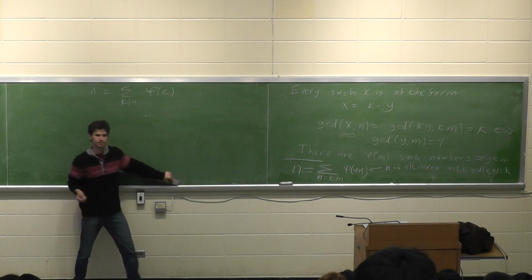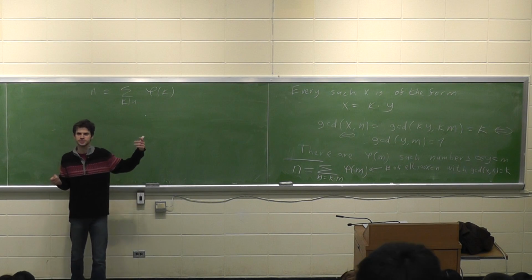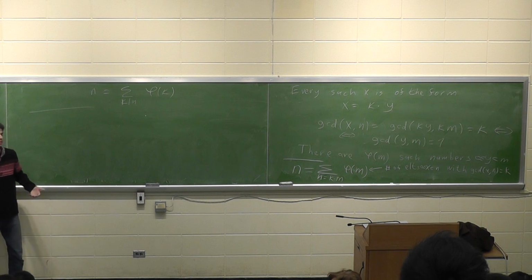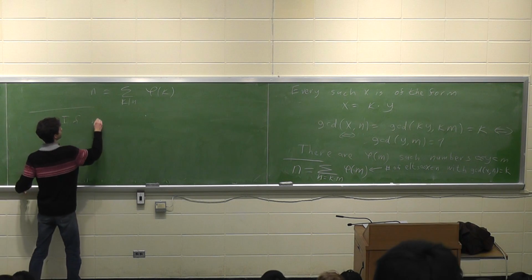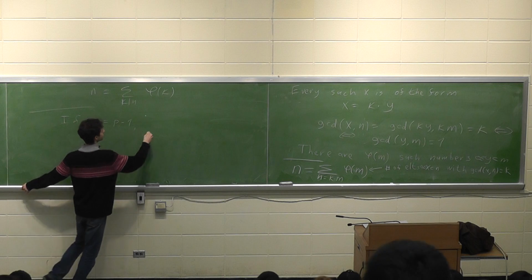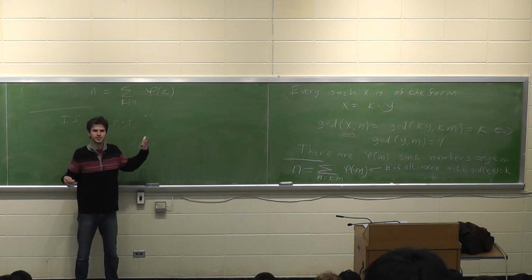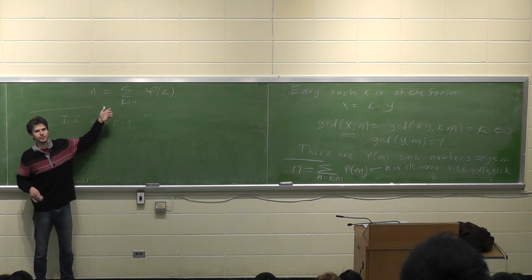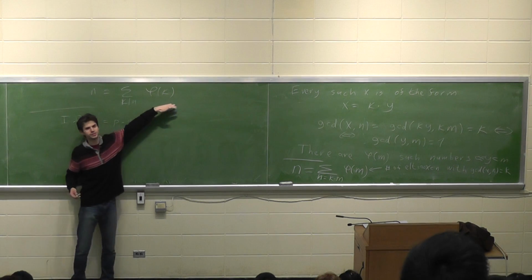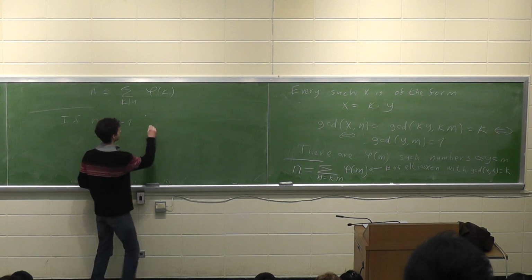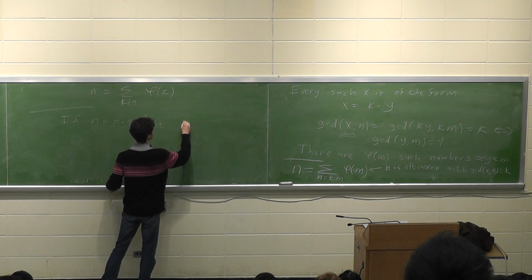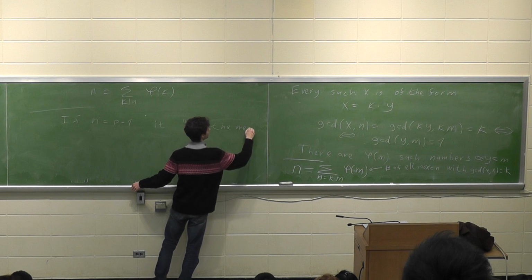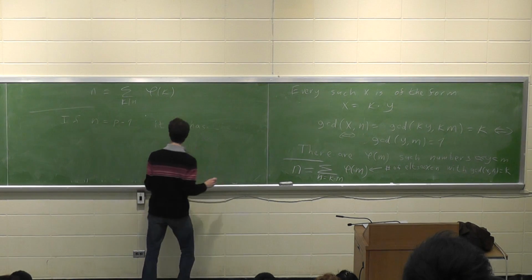And in case n is p minus 1, where p is a prime number, it has a different kind of combinatorial name. Every element has some order, and the number of elements of order k is φ(k). It has this meaning, and it can be interpreted that way.